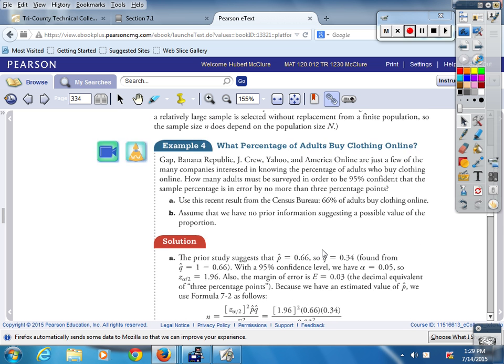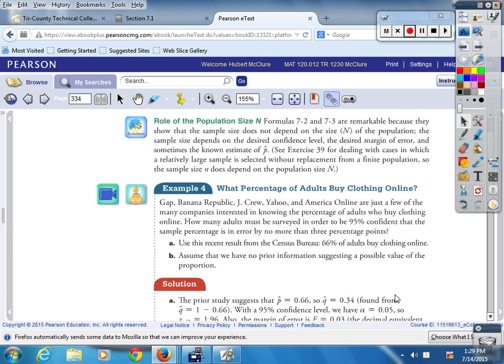All right, let's look at this one. What percentage of adults buy clothing online? Blah, blah, blah, are just a few of the many companies. How many adults must be surveyed? What are we looking for? How many adults must be surveyed in order to be 95% confident that the sample percentage is in error by no more than what? 3%. 3 percentage points.